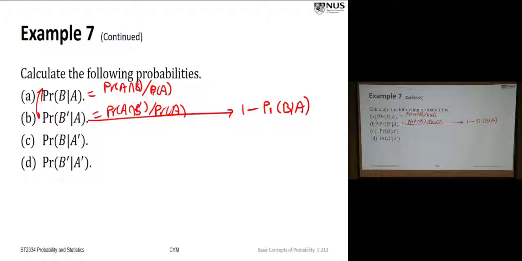They are both conditioned on the same condition, that is, event A has occurred: this professor gives a bad morning lecture. Then, whether the afternoon is a bad lecture or a good lecture, these are complement events of each other. So it's 1 minus it. This second approach is easier because we just get the answer for the first part and then subtract it from 1 and we get the answer for the second part, instead of getting the probability of A intersect B complement.